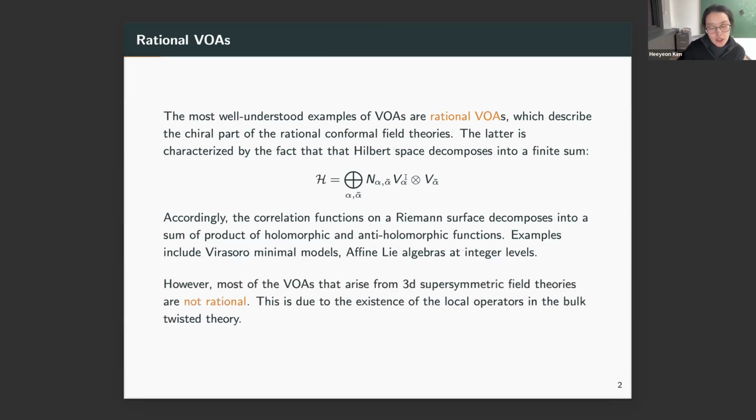However, most of the vertex operator algebras that arise from the 3D supersymmetric field theories that I illustrated in the last slide have some exotic features, and in particular, they are not rational. The reason is that there exist some non-trivial local operators in the bulk twisted theory.